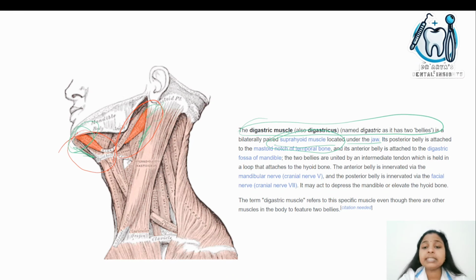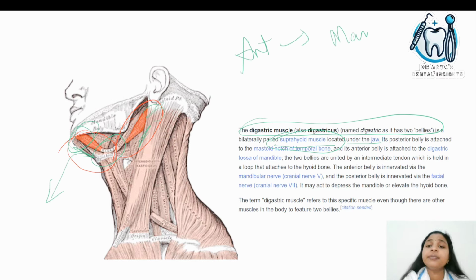The two bellies are united by an intermediate tendon, which is held in a loop that attaches to the hyoid bone. The anterior belly is innervated by the mandibular nerve, the fifth cranial nerve, and the posterior belly is innervated by the facial nerve, the seventh cranial nerve.